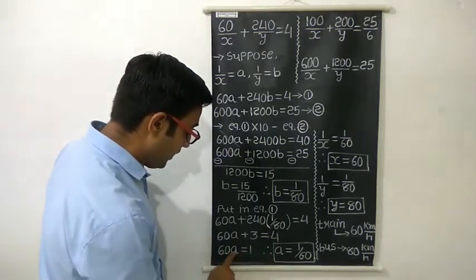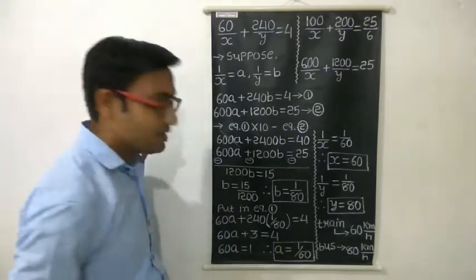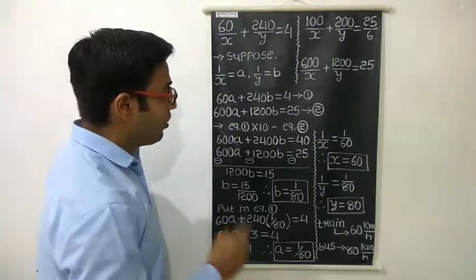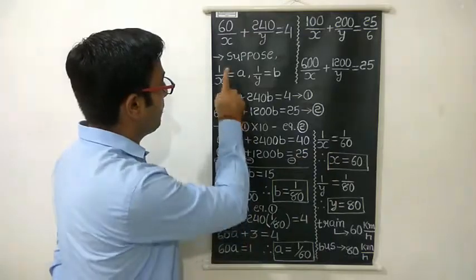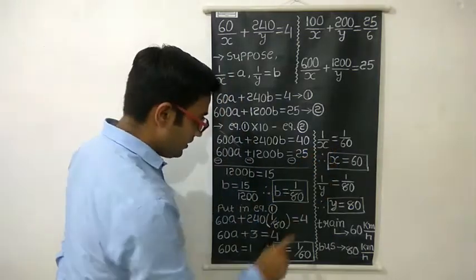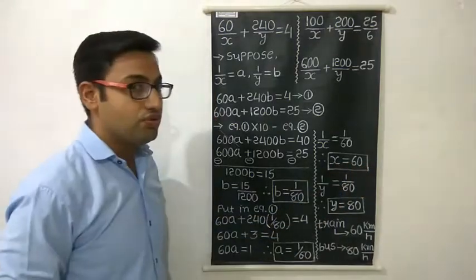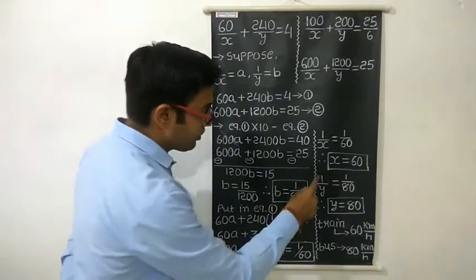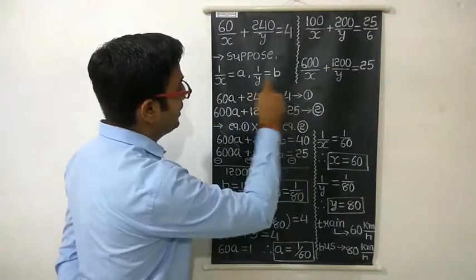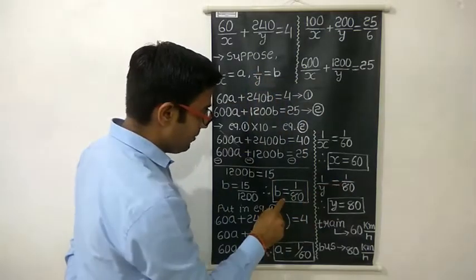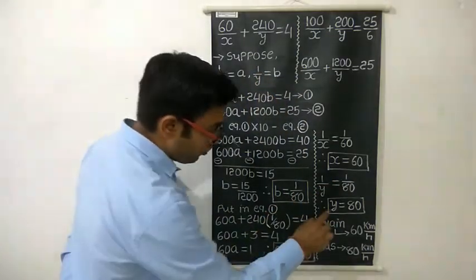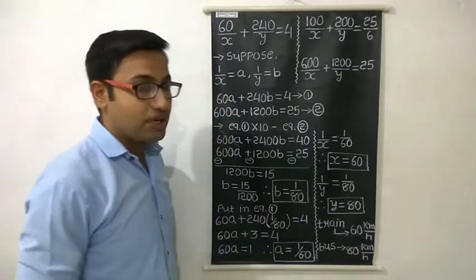So what is the value of a? a is equal to 1 upon 60. Now what we have supposed, 1 upon x is a and a is 1 upon 60. So we will get the value of x is equal to 60. What we have supposed, 1 upon y is b and what is b? b is 1 upon 80. So we will get the value of y is equal to 80.